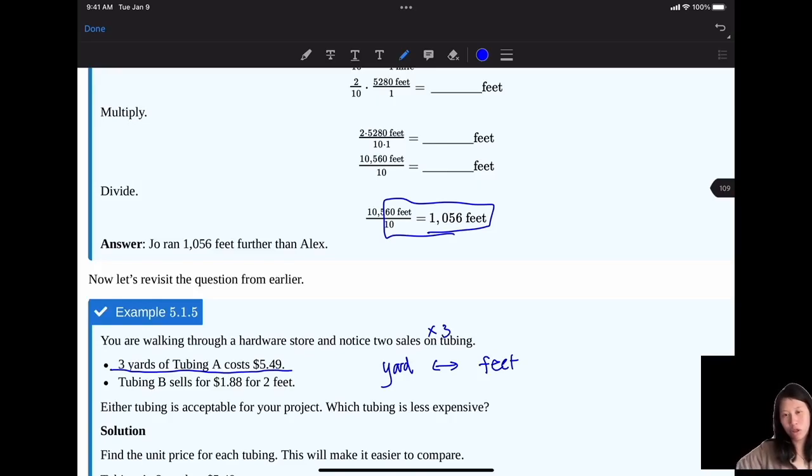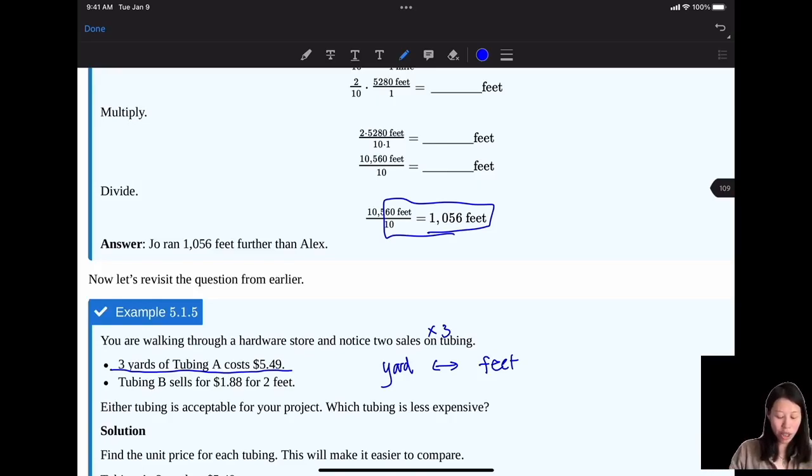Why would I want to do multiplication instead of division? Because when you try to divide it by something, you might end up to have not a whole number, a fraction. I know that you don't like fraction. We don't like fraction. You want to always try to keep it as whole number. So it would be easier if you converted yard to feet. But of course, you can definitely convert feet to yard. It's totally work. But I just want to do the simplest way.